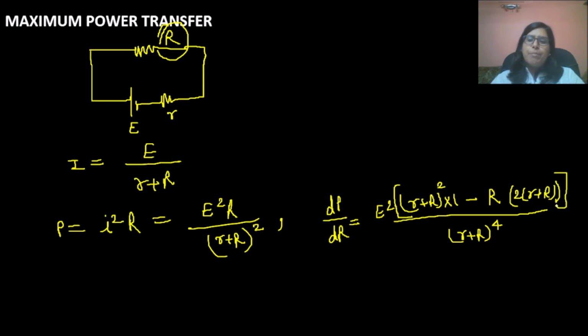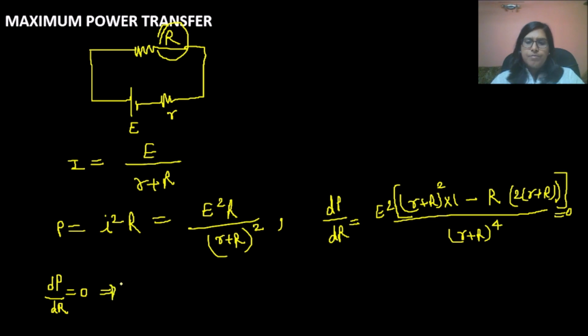So if you simplify this, you will find the power is maximum when this is 0. So dP upon dR will be 0.